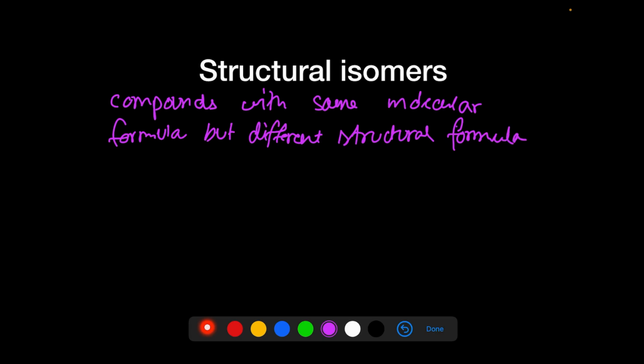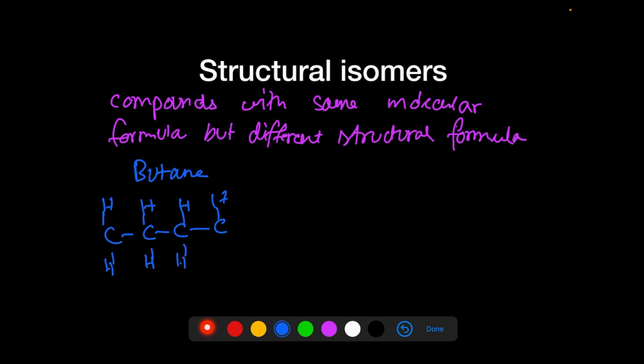So let's look at butane. We have our butane over here, which is C4H10. And its boiling point is 0 degrees Celsius.